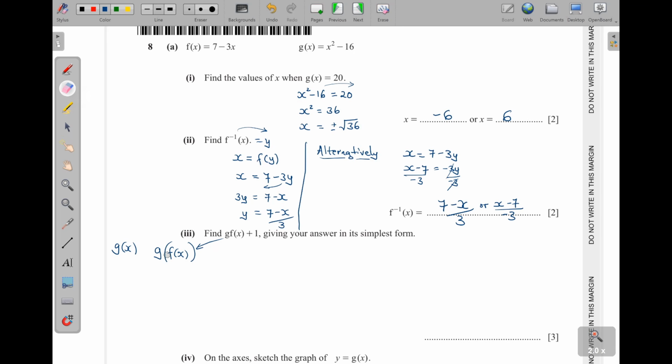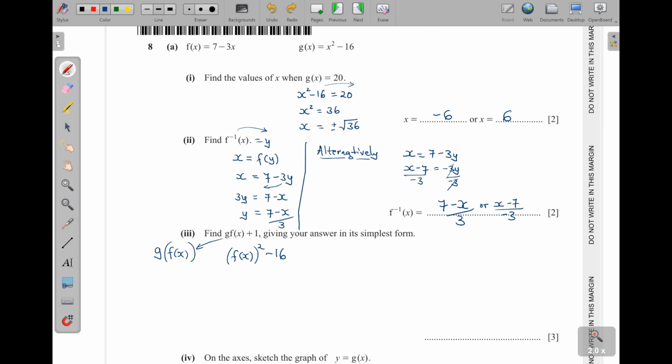So putting f into the g, you go to g and you put f. So we shall have f of x here. Then you square it, then minus 16, because this is the g of x, okay?